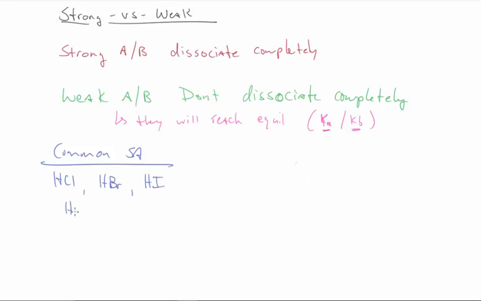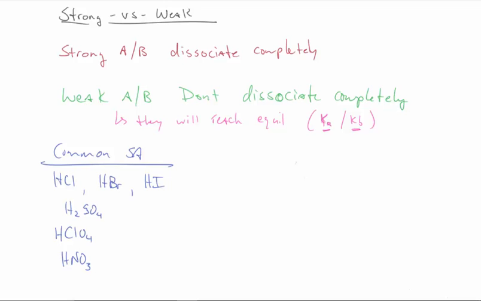We also have sulfuric acid, H2SO4, perchloric acid, HClO4, and nitric acid, HNO3. These are my 6 common strong acids. These are the only ones you're going to have to be familiar with. The question is, how do I know if it's a strong acid? If it's one of these 6, it's strong. If it's not, it's weak.